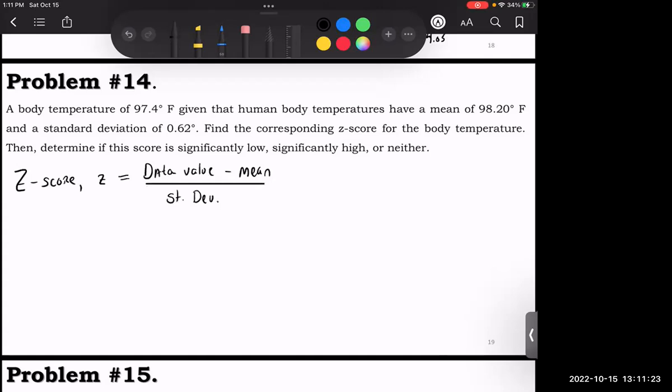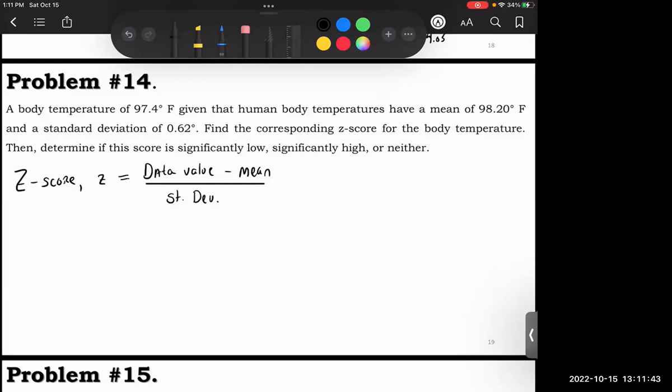I didn't write this one in any notation, because the way that we compute z-scores is the same whether you have a sample or population. Just remember, data value first, minus the mean, divided by standard deviation.